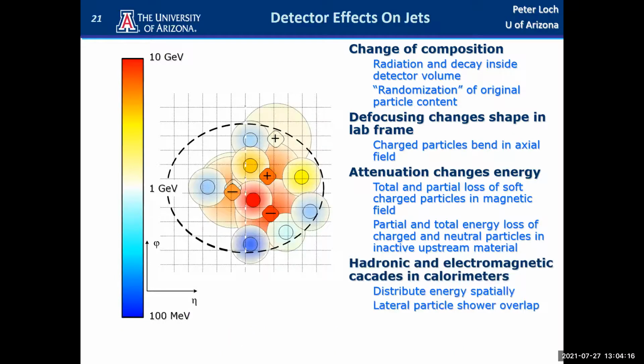And now, when particles enter the calorimeter, they of course generate a cascade. So they start to distribute the energy radially with respect to the direction of flight in the detector.